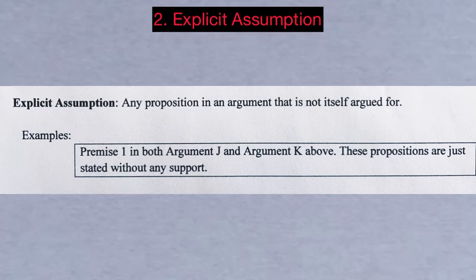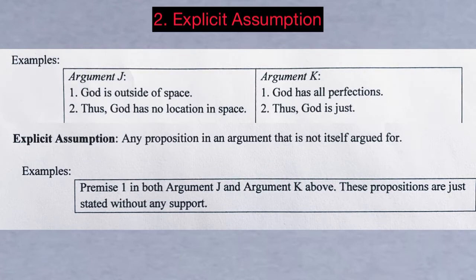So if you want examples of an explicit assumption, we can look at premise 1 in both argument J and argument K above. So again, argument J went, God is outside of space, therefore God has no location in space.